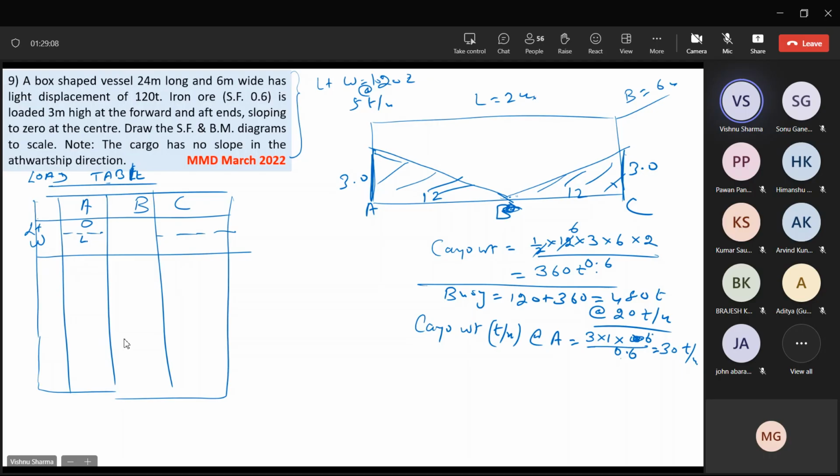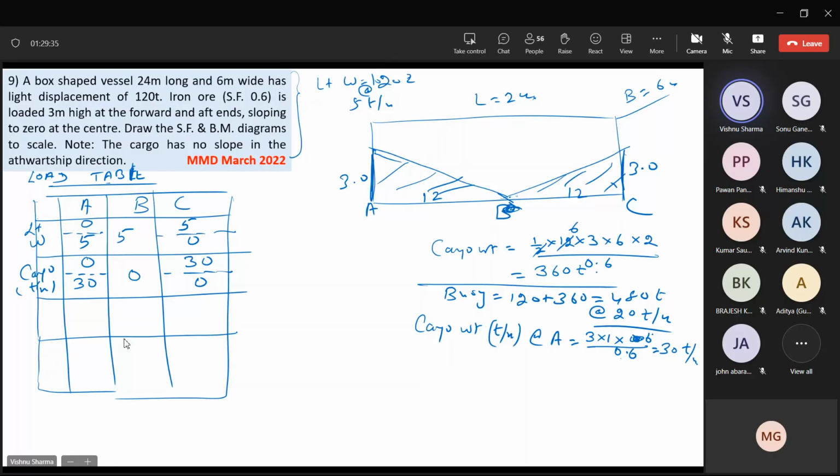It will be 0, 5, 5, 5, 0. Cargo, tons per meter. Guys, to the left of A is 0. At A, suddenly it comes, so it will be divided. To the left of A, cargo is 0. To the right of A, or just to the right of A, is 30. Then it is 0, 30, 0.